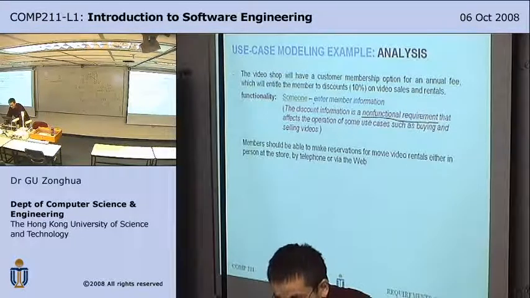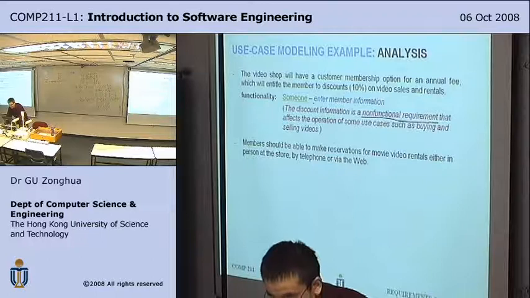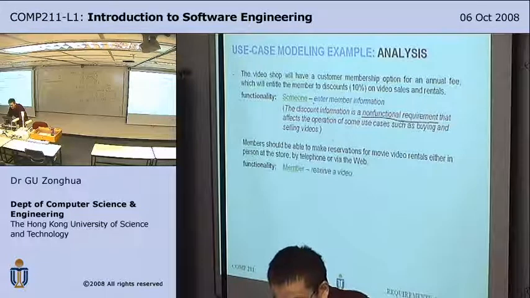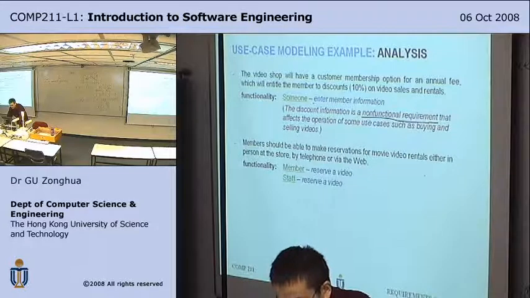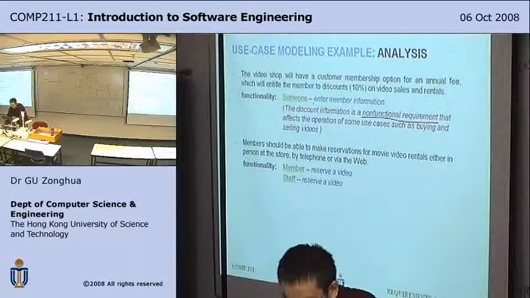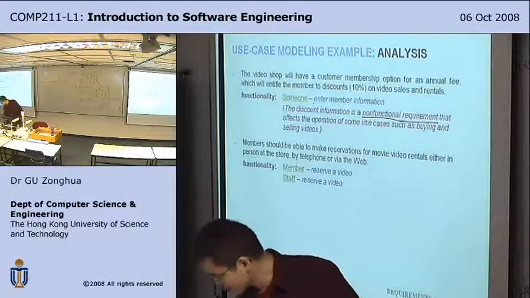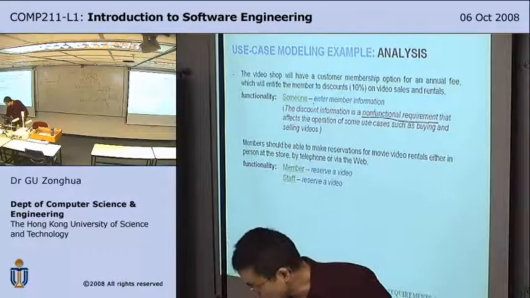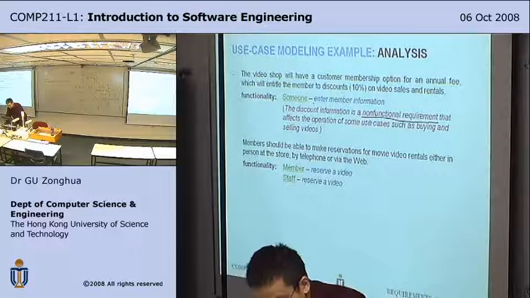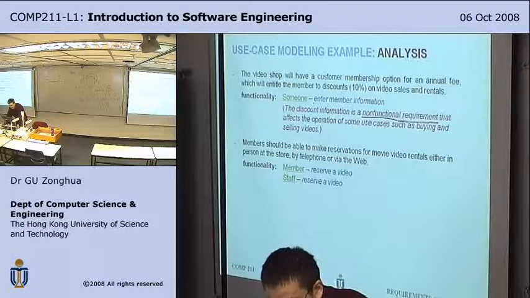So members should be able to make reservations for movie video rentals. So member reserves a video. So staff reserves a video. So you can infer these two functionalities because if it's done via the web, then it's member reserves the video.